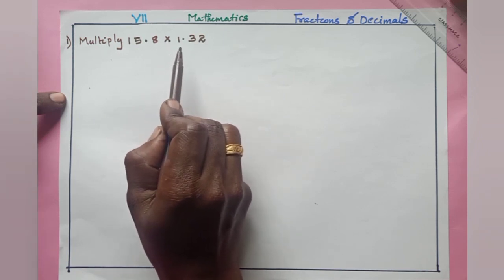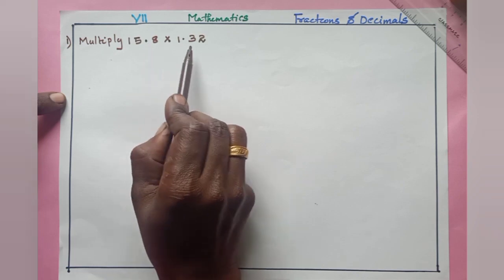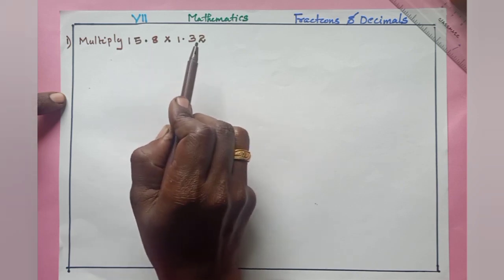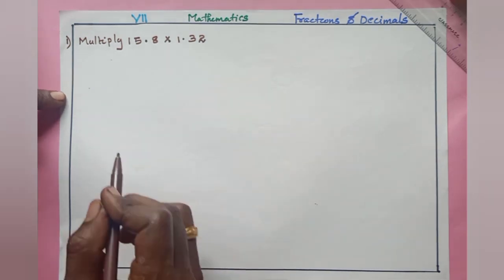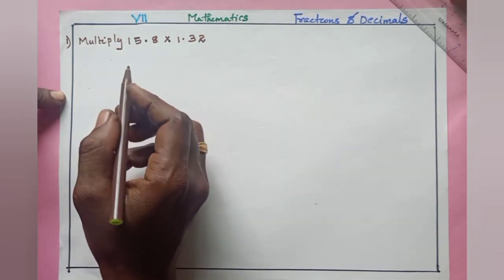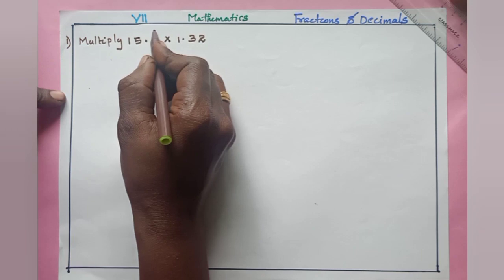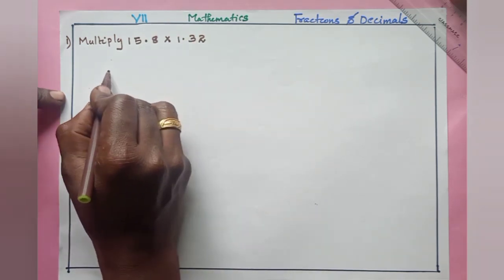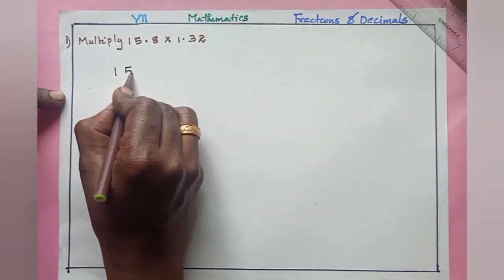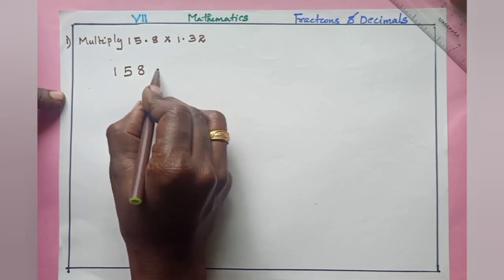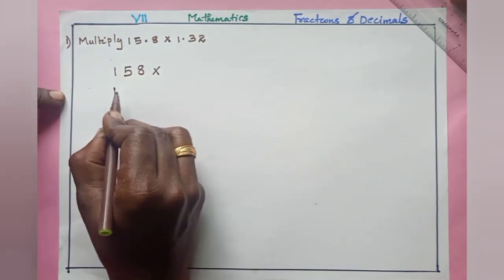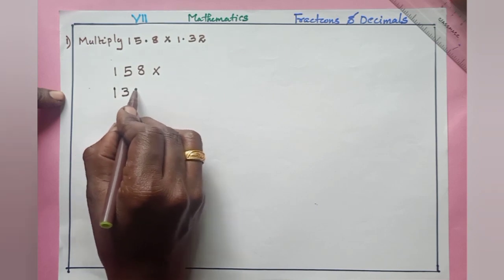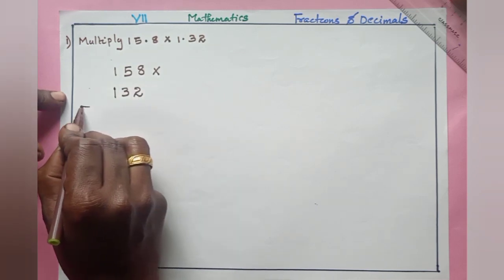So first, multiply these two decimals as we multiply whole numbers. Change them into whole numbers, ignoring the decimal point. So we get 158 into, next number, ignoring the decimal point, we get the whole number 132.